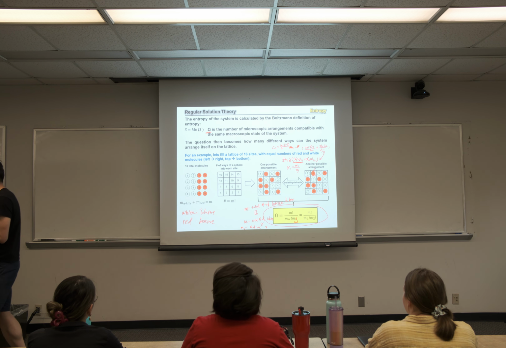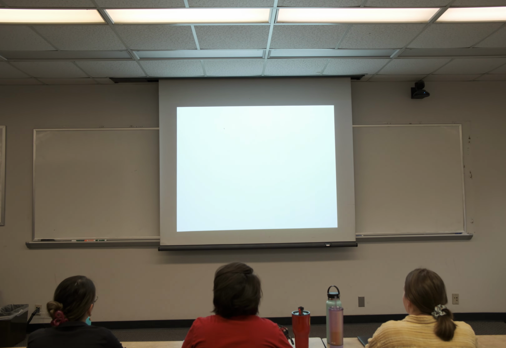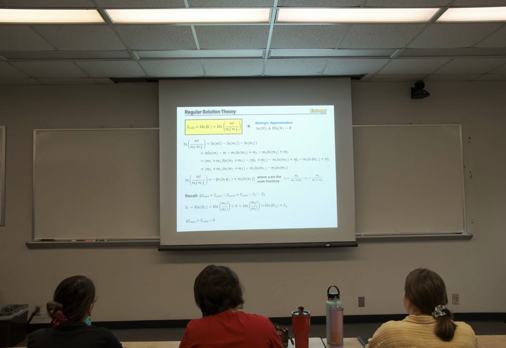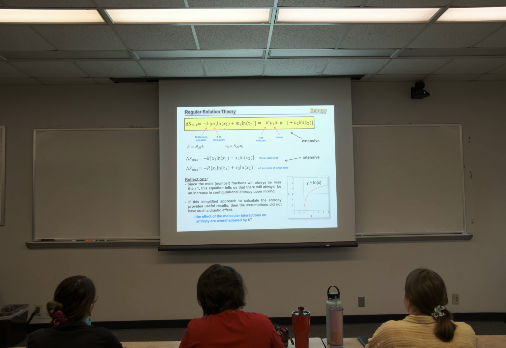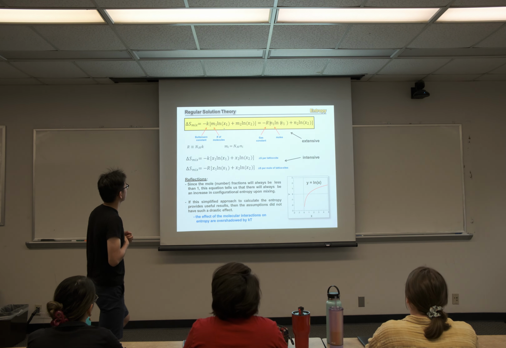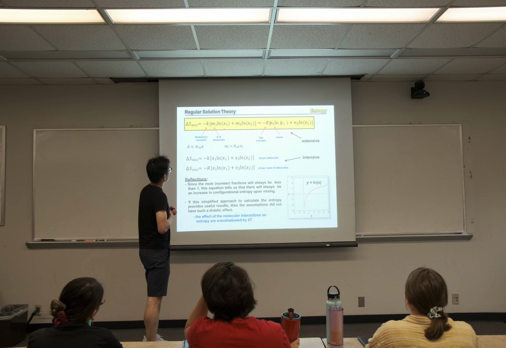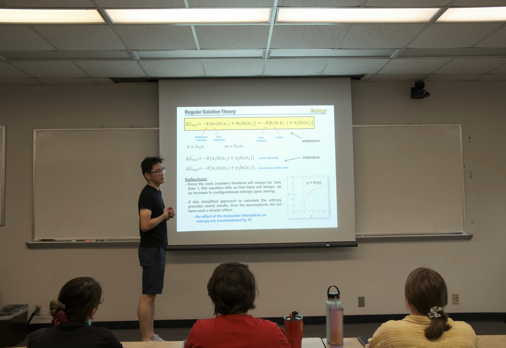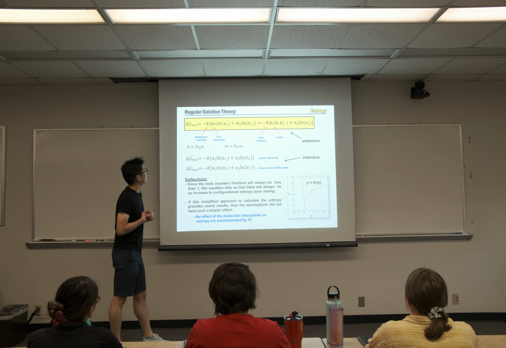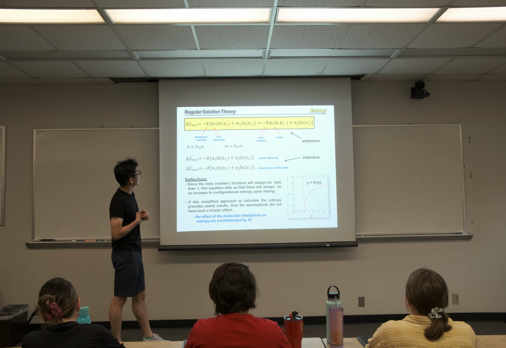And by the end of the last lecture, we reached the conclusion that in the regular solution theory, our entropy of mixing, delta S mix, is equal to k, the Boltzmann constant, times the number of molecules, times x1 log x1 plus x2 log x2.